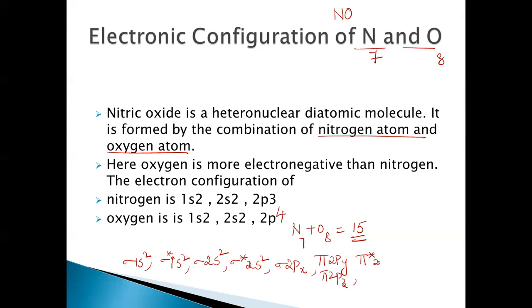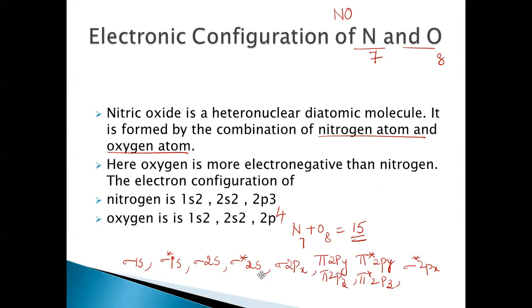It is pi star 2py and pi star 2pz, and then comes sigma star 2px. So this is the increasing order of energy of these molecular orbitals for the systems which have atomic number more than 14 here.